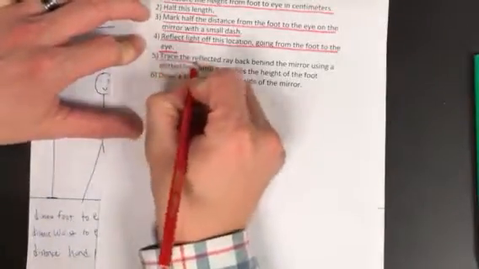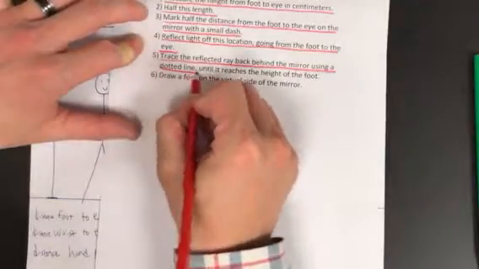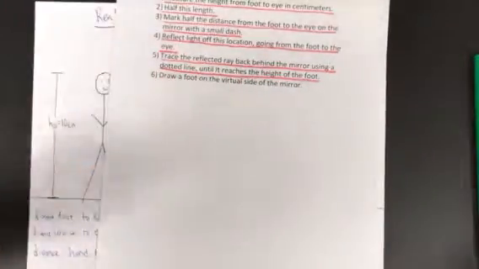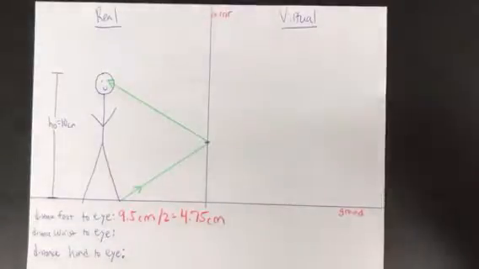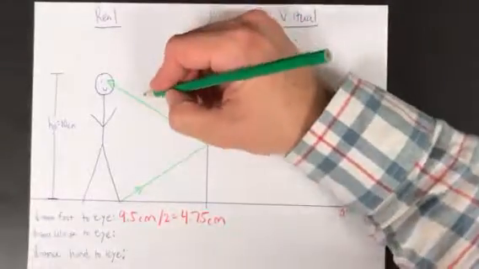Okay, and then step 5 is trace the reflected ray back behind the mirror using a dotted line until it reaches the height of the foot. Alright, so trace the reflected ray, that's this one, that's going into the eye.